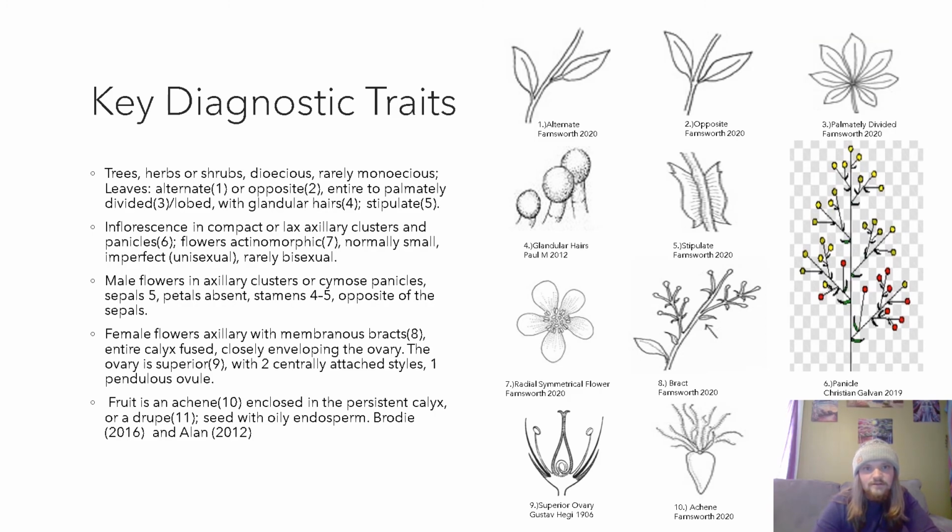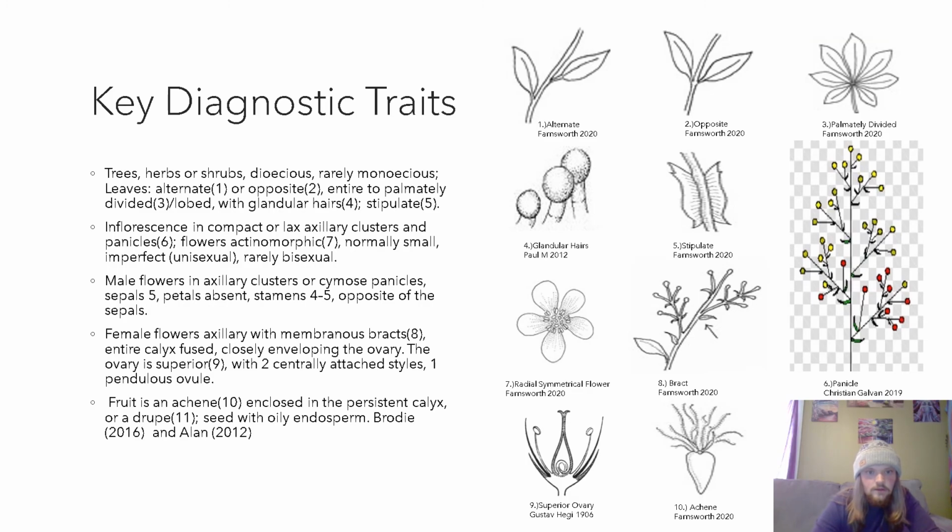inserted directly onto the receptacle and are free from the gynoecium, and no hypanthium is present, but stamens may be adnate to the corolla. And the fruit itself is an achene, which is a single-seeded dry fruit with a seed free from the pericarp except for the placenta.